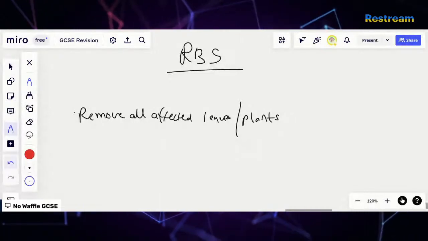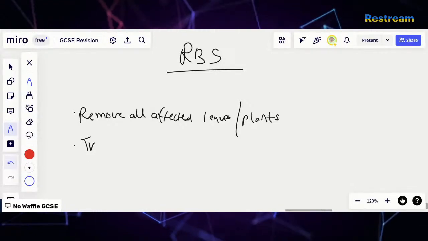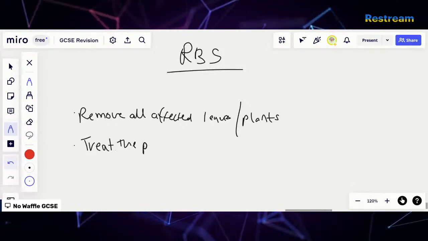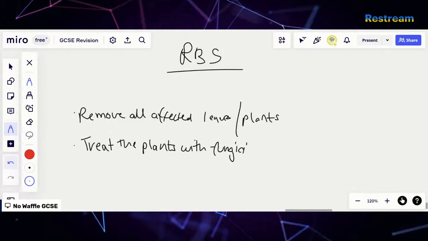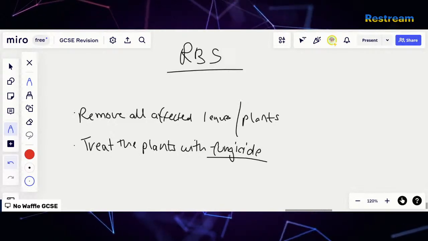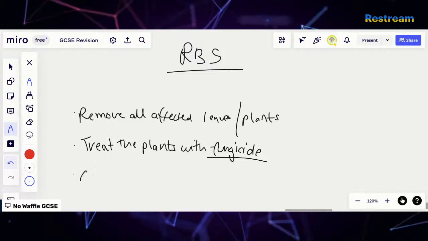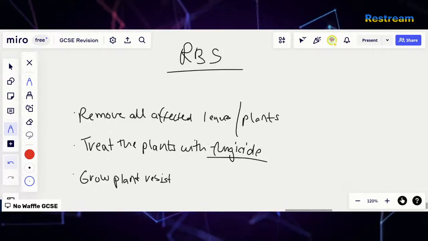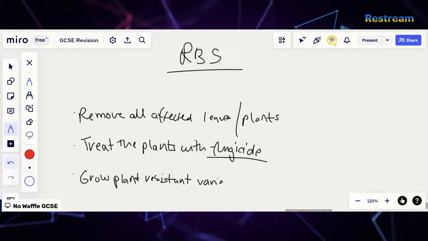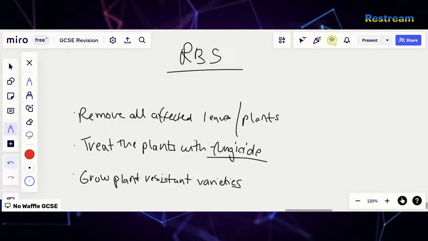Insecticides, as you said. We could also say treat the plants with fungicide. The fungicide will work against the fungus, and you can also say grow plant resistant varieties. So grow plants that are resistant to rose black spot.